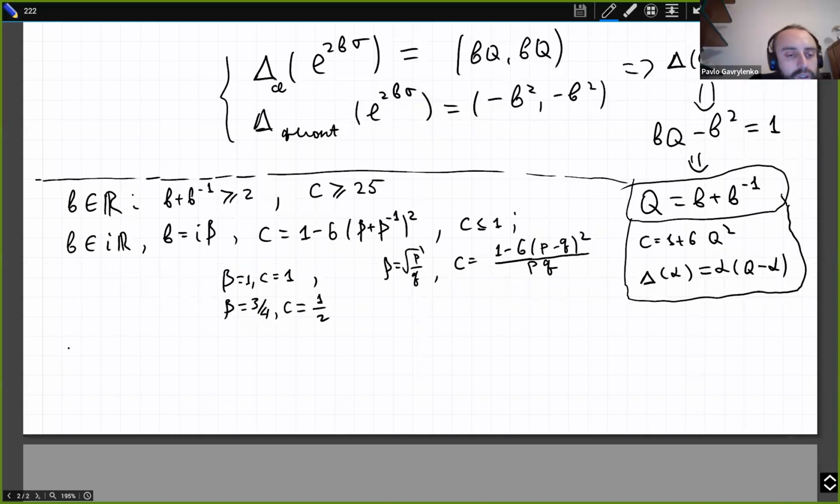And there is also one region when b equals some i phi.